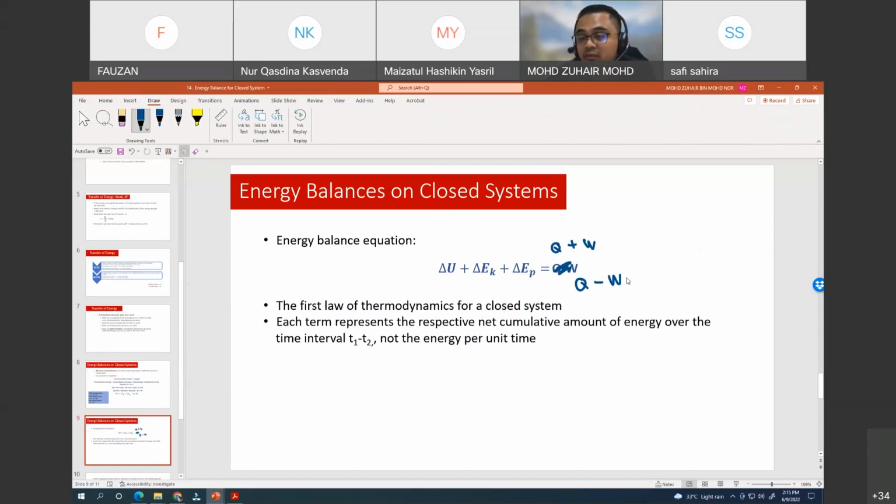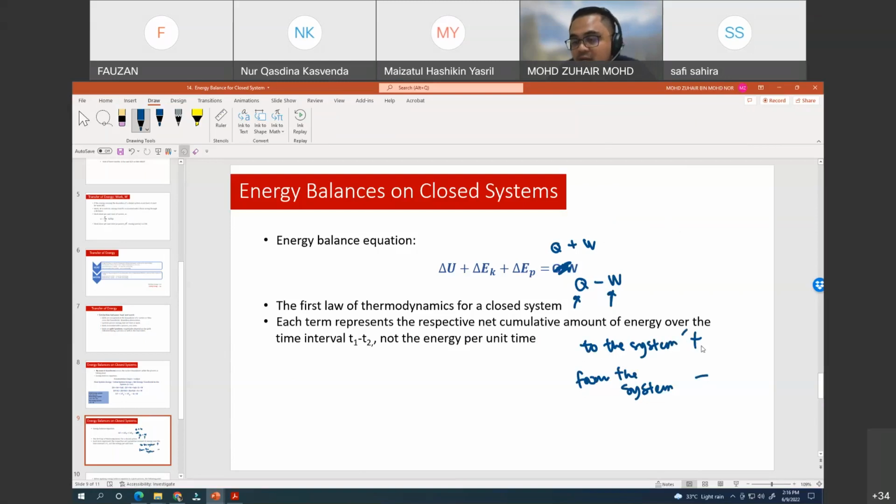The most important thing is to know whether it's positive or negative, depending on whether the heat and the work are from the system or to the system. If it's to the system, then the value will be positive. If it's from the system, then the value will be negative.